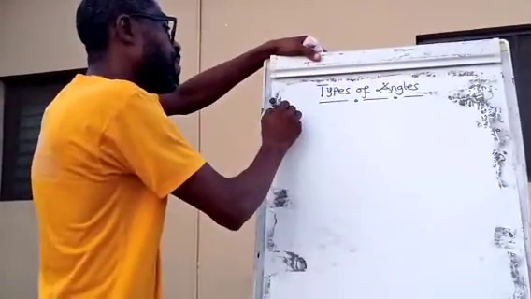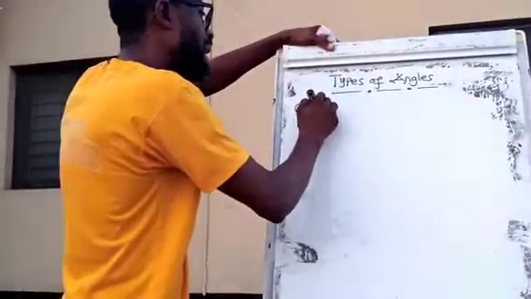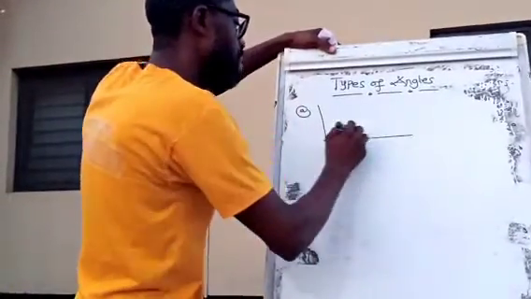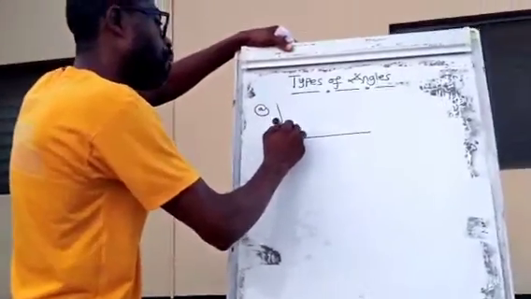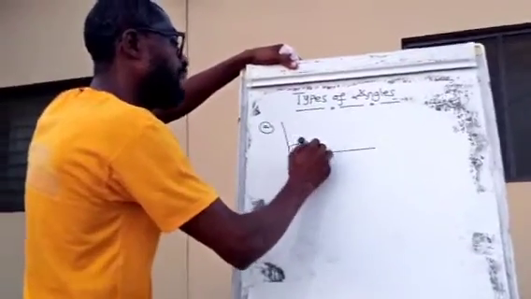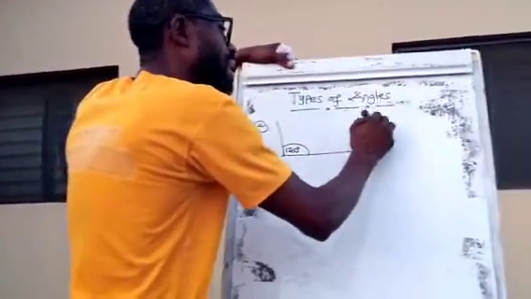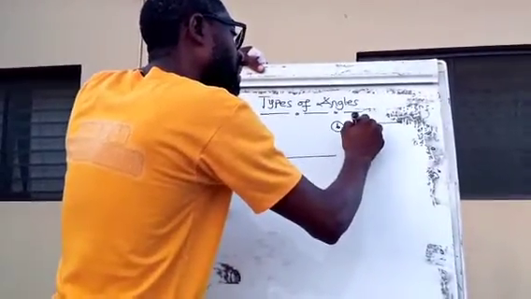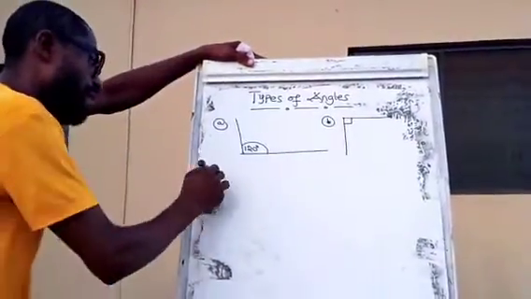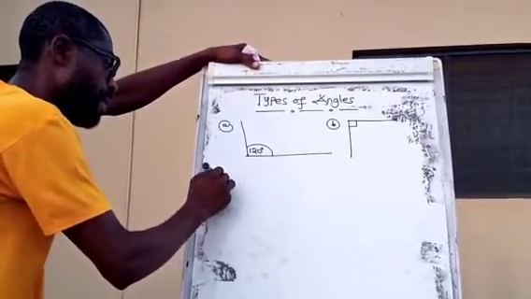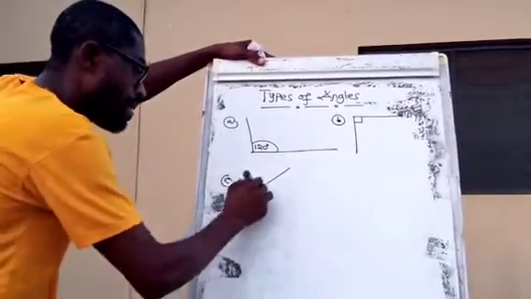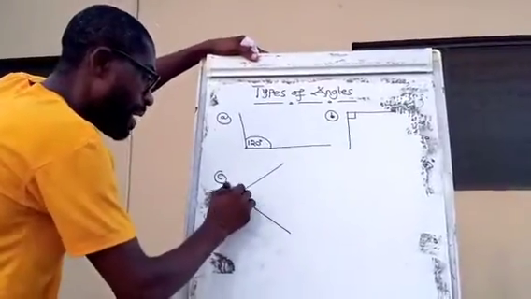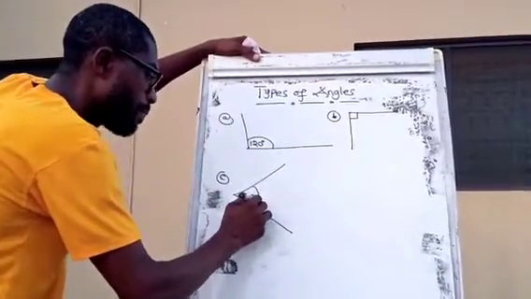Now let's say we have an angle such as this, and 120 degrees has been put here. We have B, an angle such as this, and this has been put here. We have C, an angle such as this, and we have 60 degrees put here.